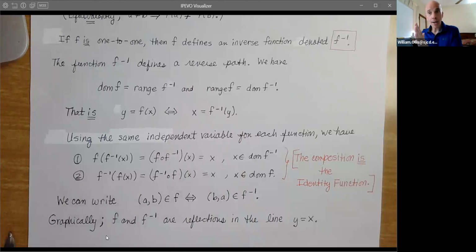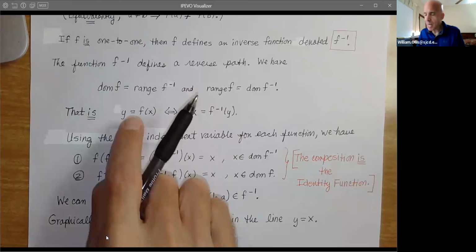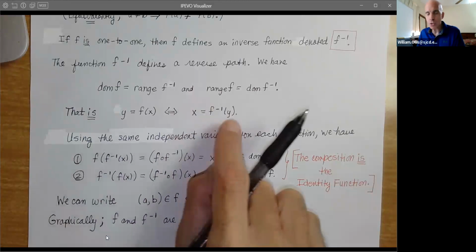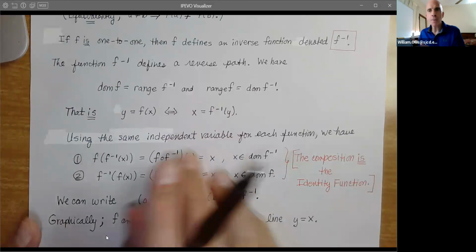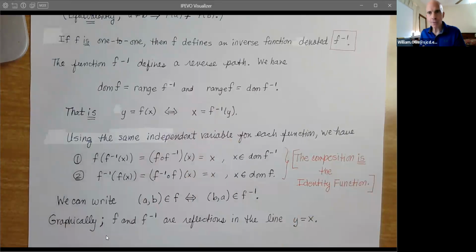X goes into Y, Y goes back into X. There's no ambiguity because all of the elements in the range are unique in the sense that once you hit a range element, that's the last time you're going to hit it. No other domain element will map into it. So again, be flexible with this, but know there are times when we're going to want to preserve the X's and the Y's or whatever letters we're using because of the context of the problem.